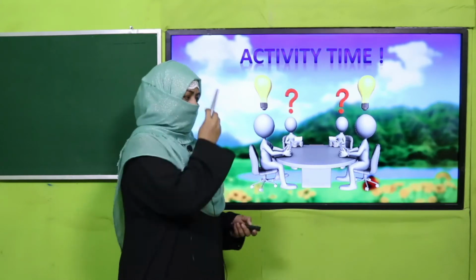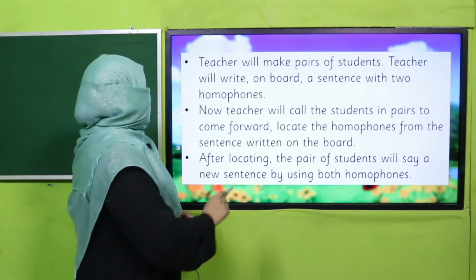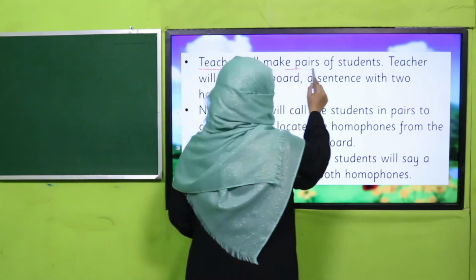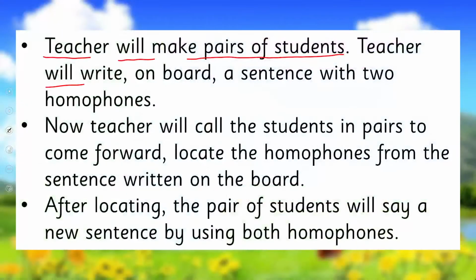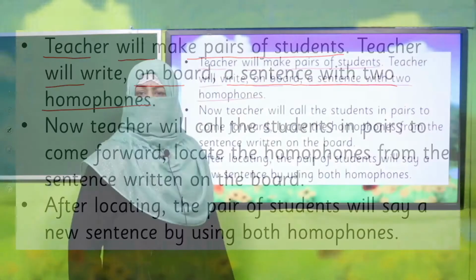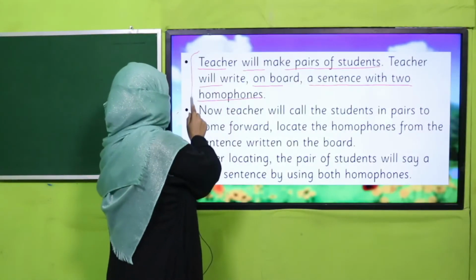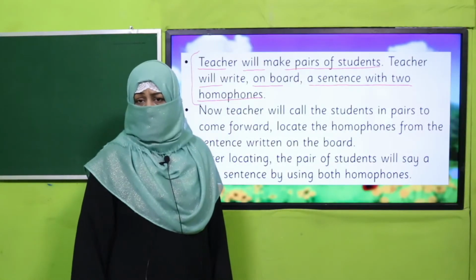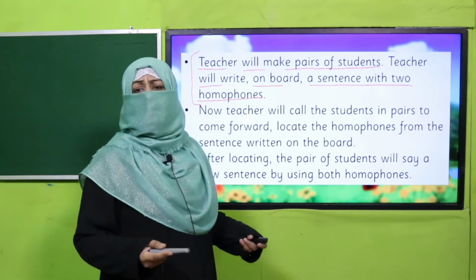But before that, there is a very interesting activity. What are you supposed to do? The teacher will make pairs of the students, and the teacher will write on the board a sentence with two homophones. My dear teachers, I have given you examples of homophone sentences in the lesson plan. You may follow that, or you may write on your own.